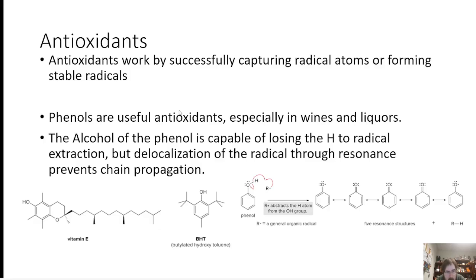Notice these OHs on the rings. That's the phenolic group. Even though we form an O radical, we delocalize that radical throughout the ring, and thus stabilize the radical so it doesn't react.